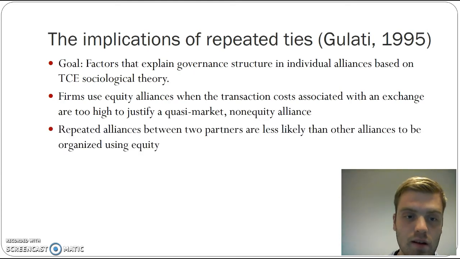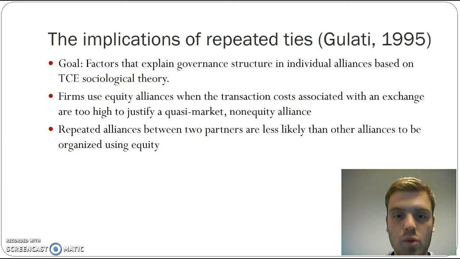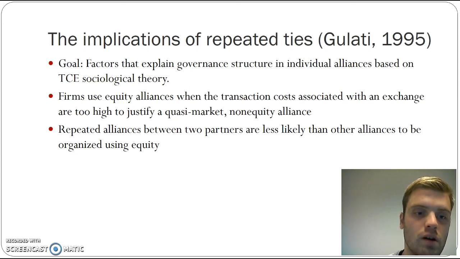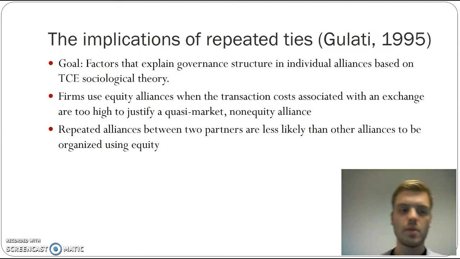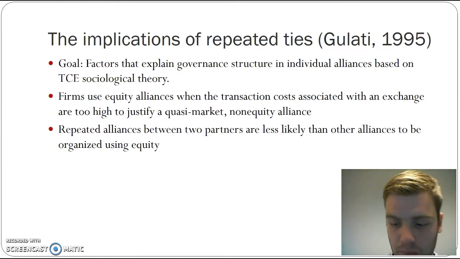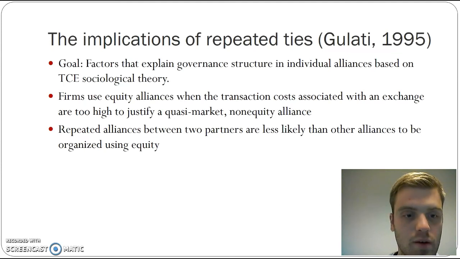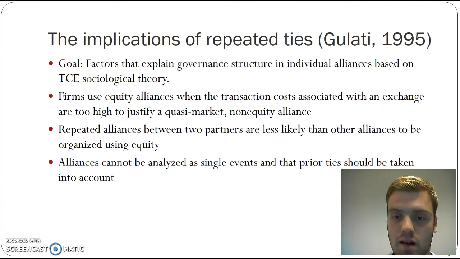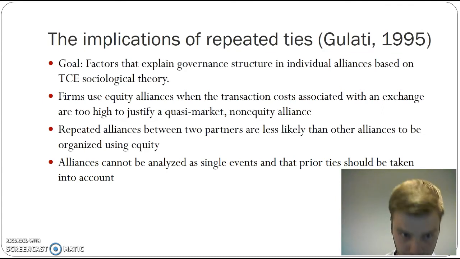Second finding is that repeated alliances between two partners are less likely than other alliances to use equity, because there is already trust among these partners, so they don't need equity anymore. And then alliances cannot be analyzed as single events, and prior ties should be taken into account.